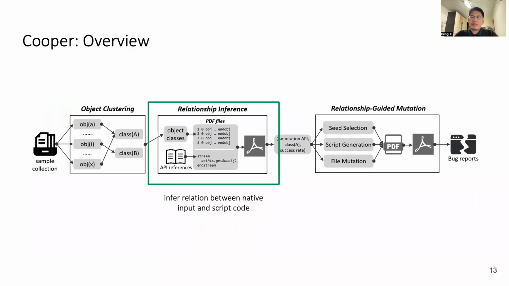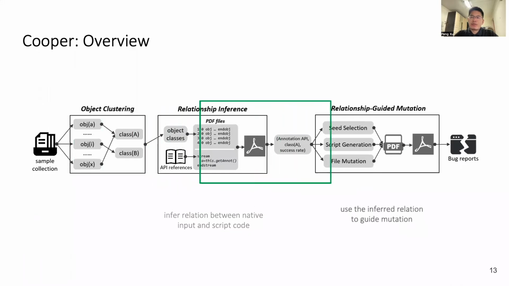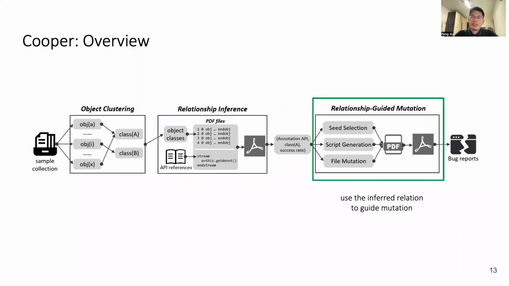This is the purpose of our second component, relationship inference. This component utilizes a statistical method to infer the relationship. Finally, we come to the third component, relationship-guided mutation. In this component, we use the inferred relationship to guide mutation. Then I will show all components in detail.